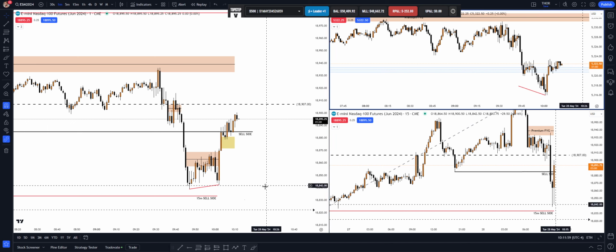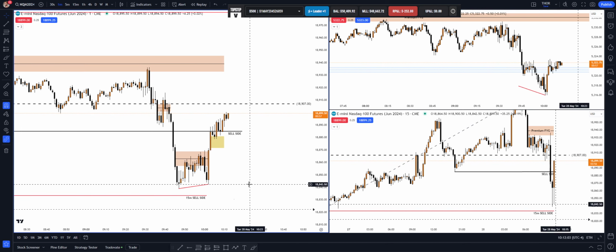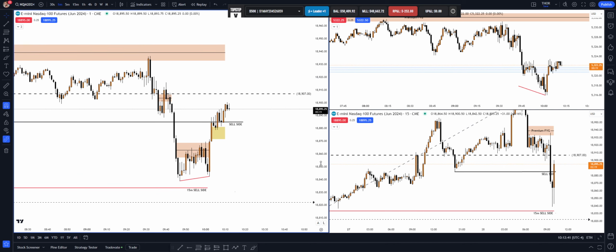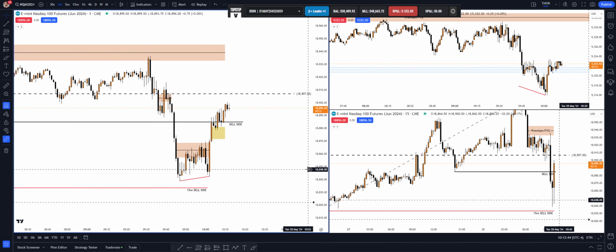It's just a waiting game. Why would they not take the sell side and start to go up?